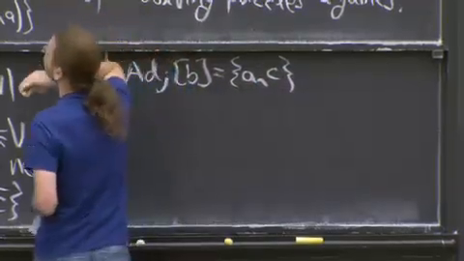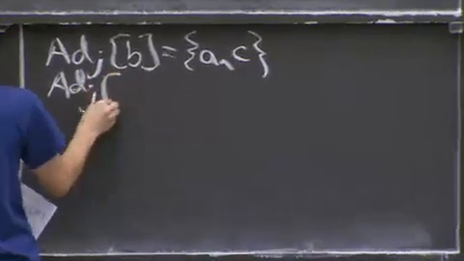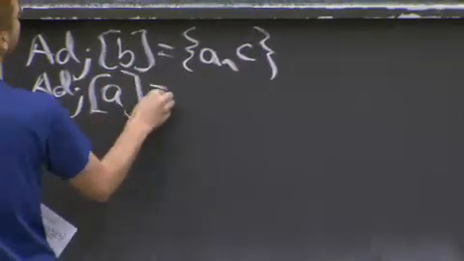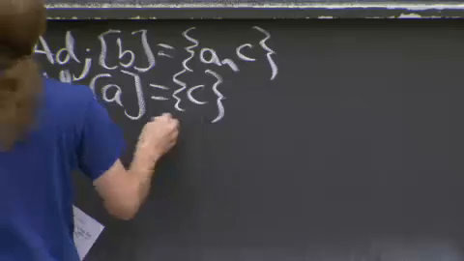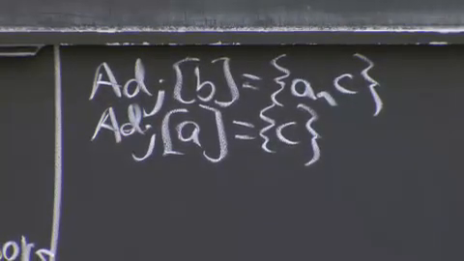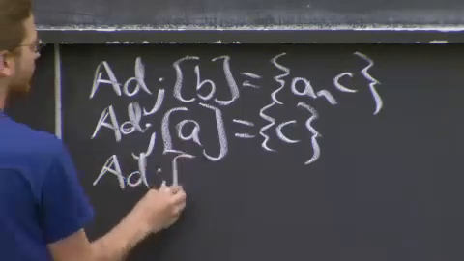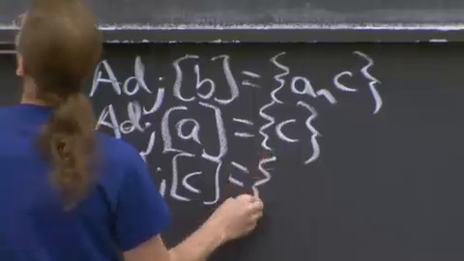In that graph, I should have labeled the vertices something different. ADJ of A is going to be just C, because you can't get with one step from A to B. The edge is in the wrong direction. And ADJ of C is B.